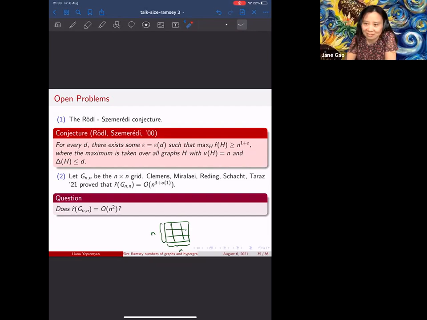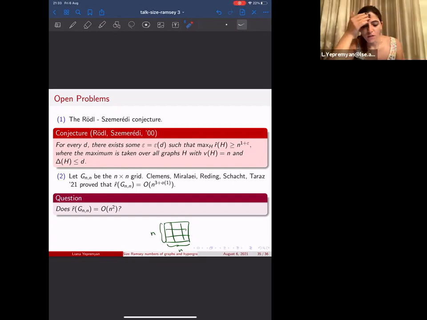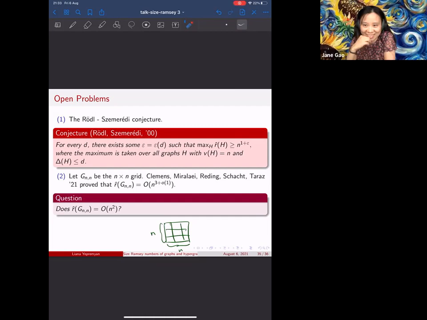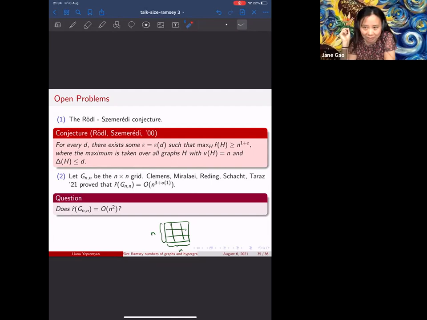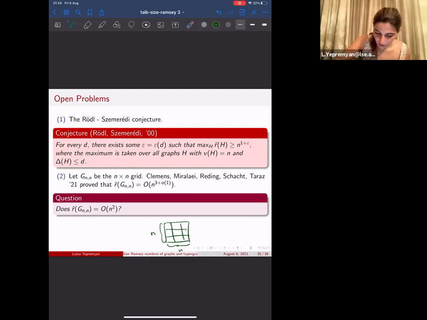Because if you want to understand these conjectures, then I don't know the answer for sure, but if I were to guess, I would be more prone to think that for a random regular graph, it would be linear. So the construction that they got this n log n thing from is a very special family. It's a bunch of trees.